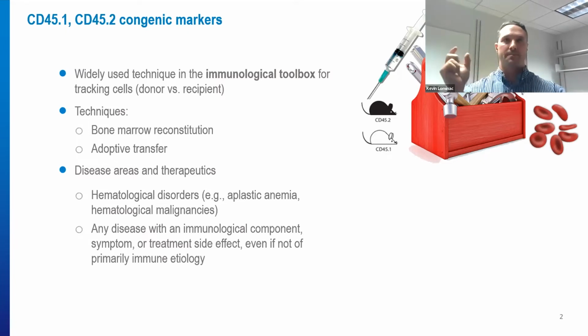They took one mouse and they said, SJL expresses this CD45.1 marker and Black 6 expresses this CD45.2 marker. And what I want is to take this CD45.1 marker and put it on this mouse that otherwise would express CD45.2 and have everything else the same as that Black 6J mouse.